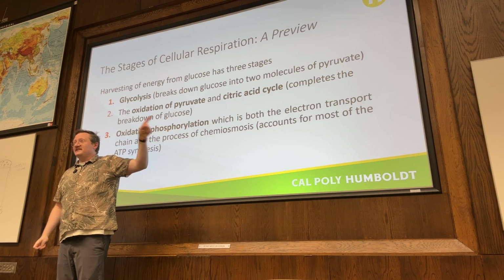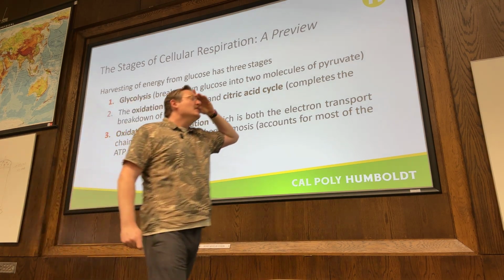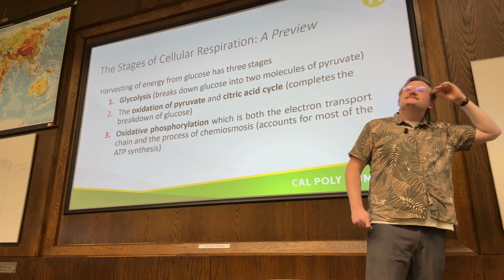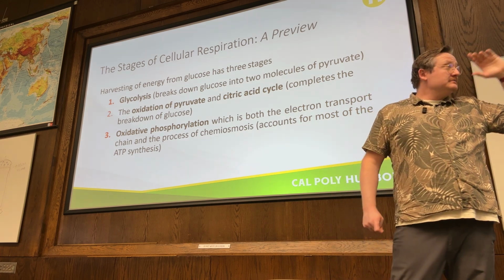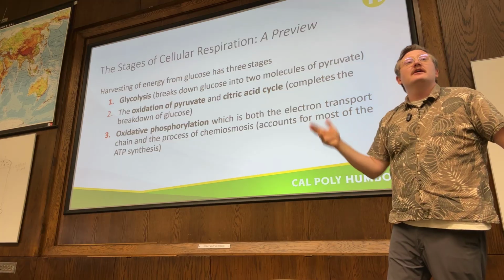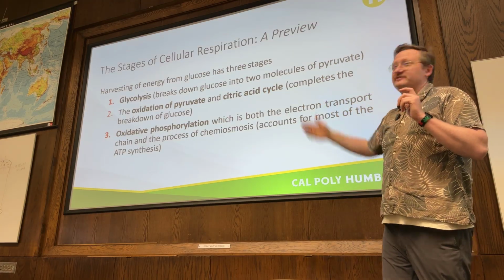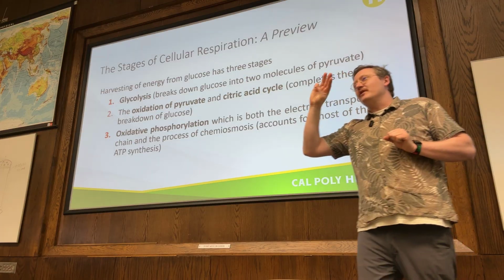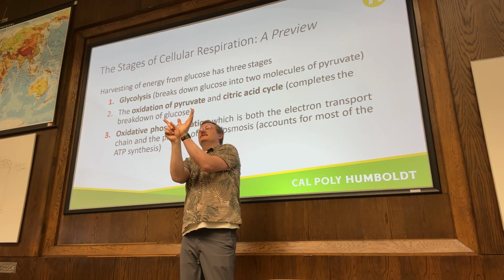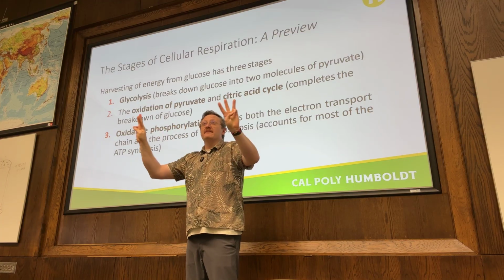Step 2, oxidation of pyruvate and the citric acid cycle, usually just referred to as the citric acid cycle or the Krebs cycle, okay? This is where you take the pyruvate molecule and you break it down to carbon dioxide. So after the Krebs cycle, you've completely broken down pyruvate, and therefore you've completely broken down the glucose molecule, because remember, the glucose molecule gave you that pyruvate.